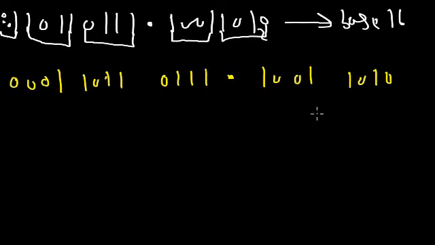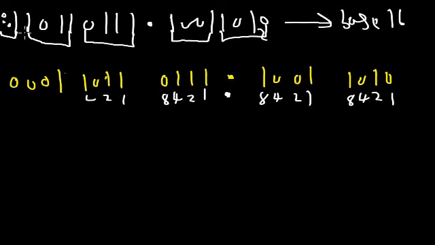Good. After doing this, I can just label them 1248 each, and I'm going to consider the digits that have 1 above them.